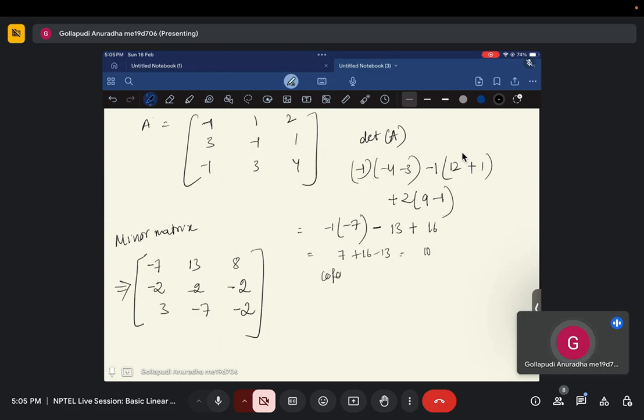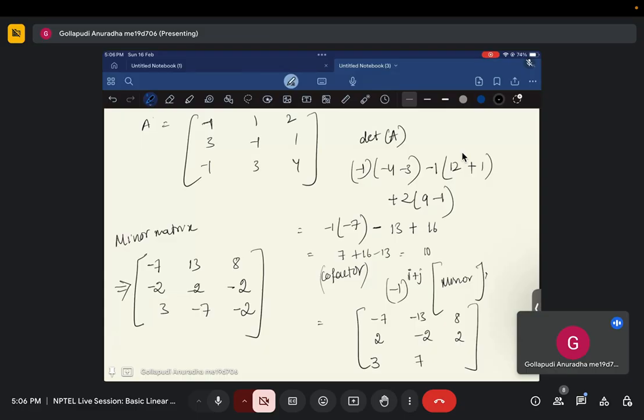So for the cofactor matrix, if you multiply minus 1 to the power i plus j with the minor matrix, you will get the cofactor matrix. So the cofactor matrix will be minus 7, minus 13, 8, then 2, minus 2, 2, and then 3, 7, minus 2.